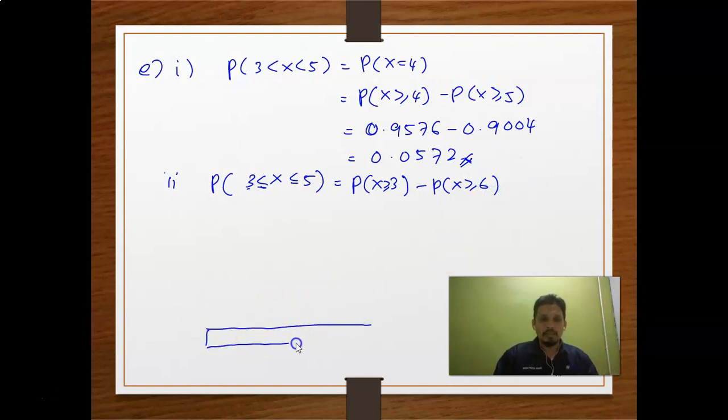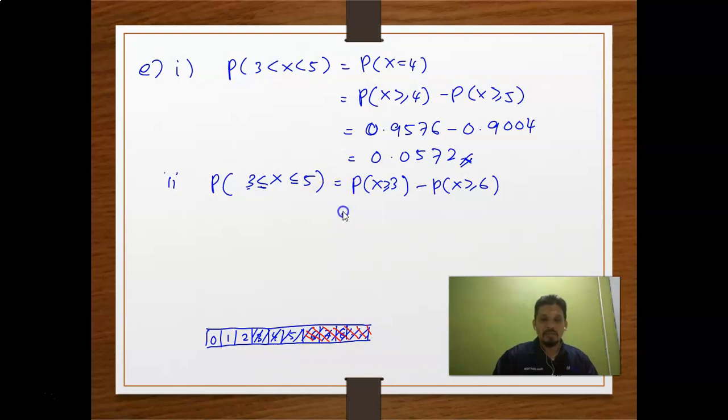With the blocks 0, 1, 2, 3, 4, 5, 6, 7 and so on, we get exactly the probability of x from 3, 4, and 5.